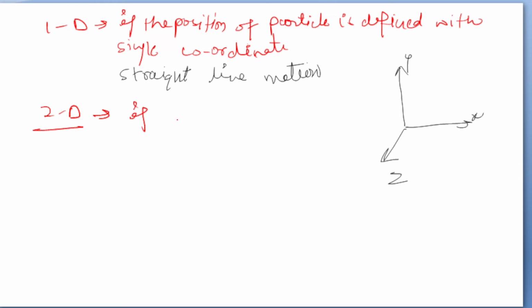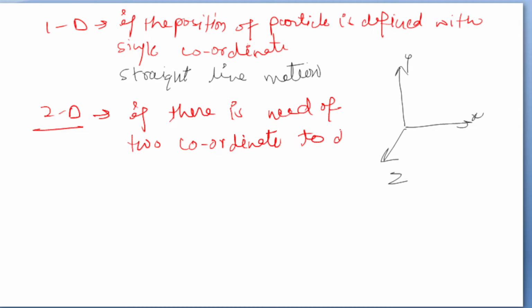So if there is a need of two coordinates to define the position of a particle, then it is 2D, such as plane motion.